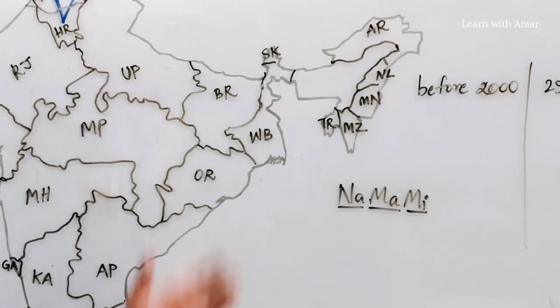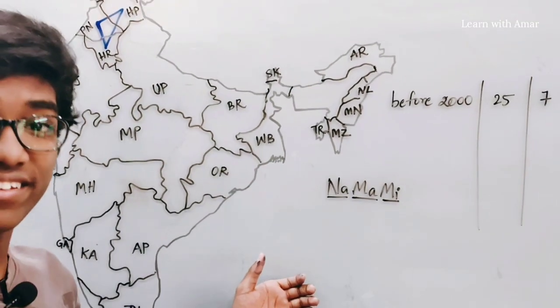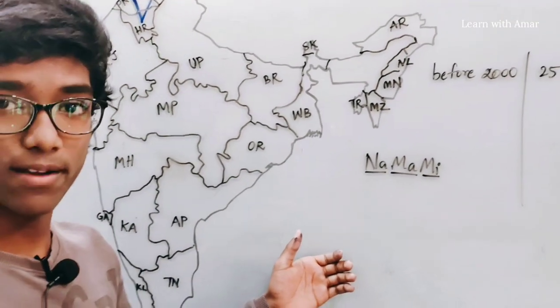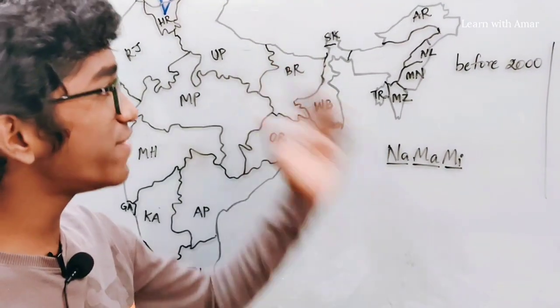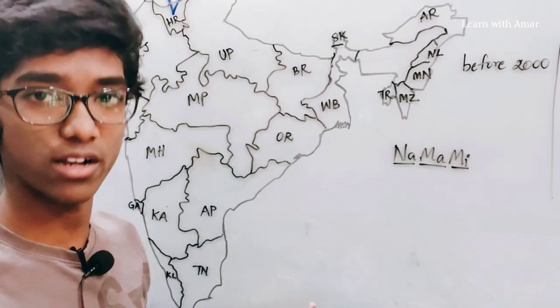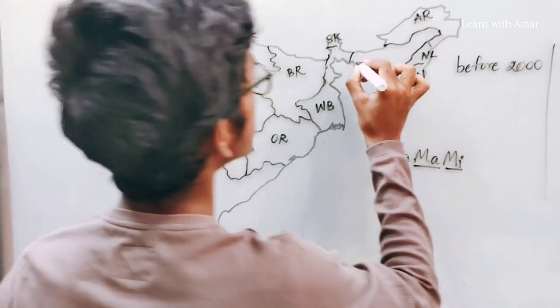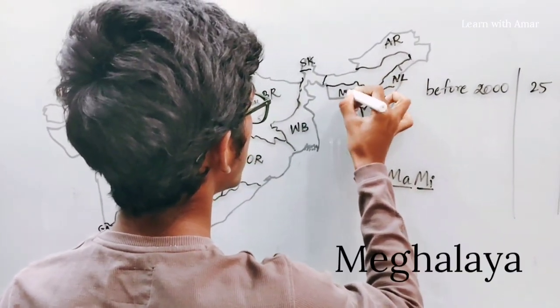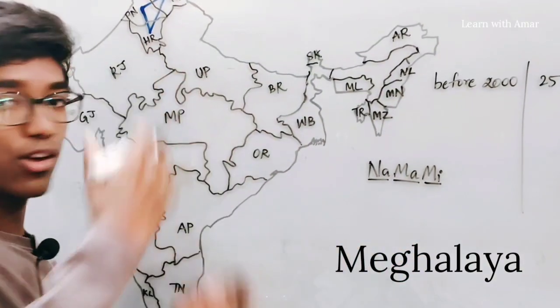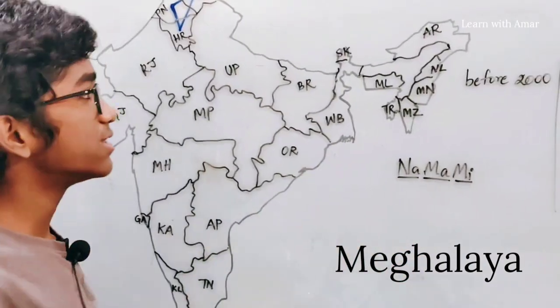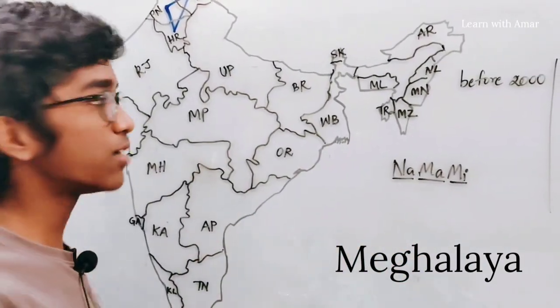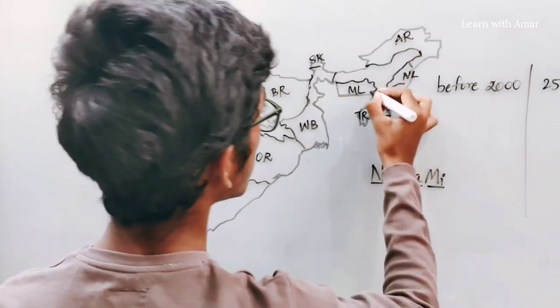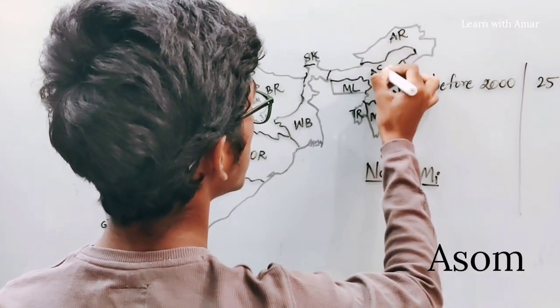And do you know which state receives the highest rainfall in the world? It contains the wettest places in the whole world. It is this one, Meghalaya. Meghalaya contains the wettest places in the world, like Cherrapunji, Mawsynram, etc. Now the remaining part is Assam.